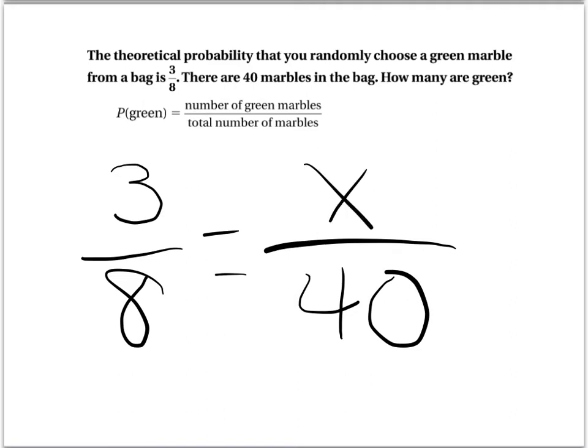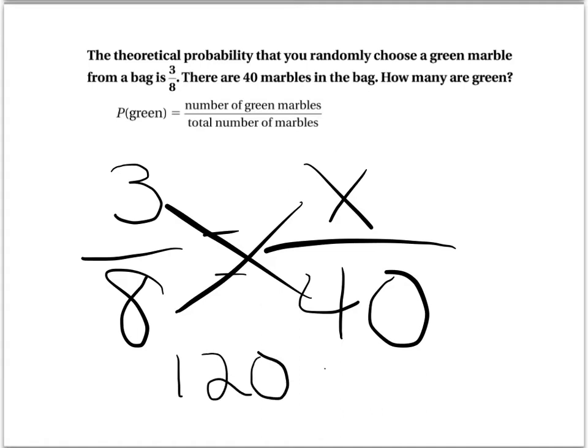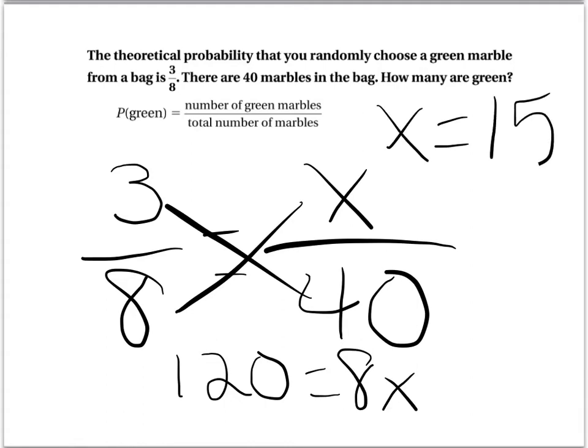The 40 tells us there's a total of 40 marbles in the bag. 3/8 is the probability of it being green, so I'm going to cross multiply. 3 times 40 is 120. That equals 8x. When I divide by 8 on both sides, x would be 15. So there are 15 green marbles in that bag.